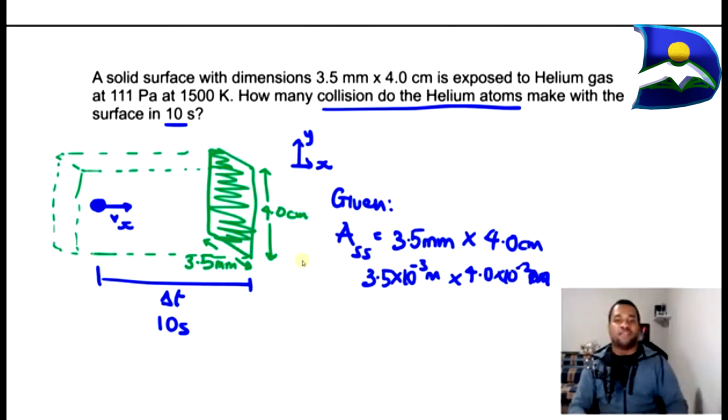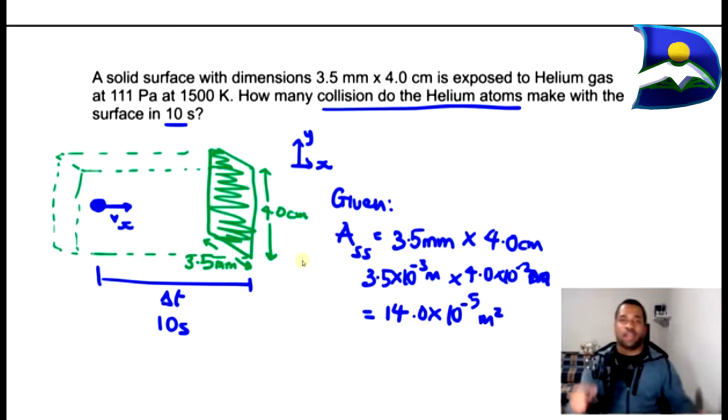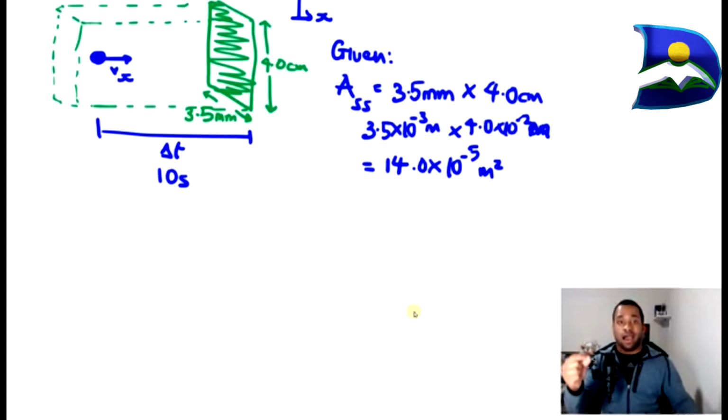Our answer will be around 14.0 times 10 to the negative 5 meters squared. This is the area of the surface that our particles will be colliding with.